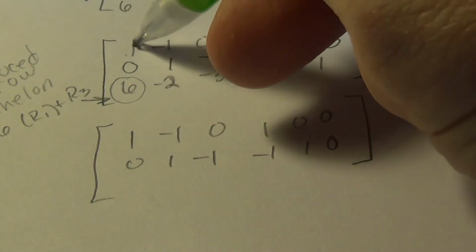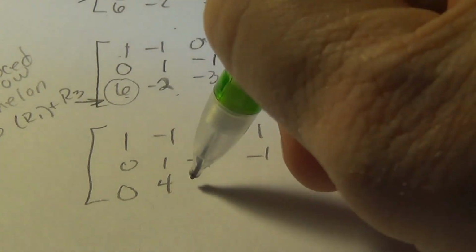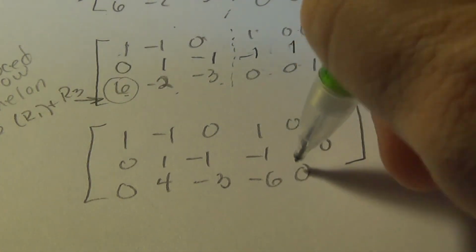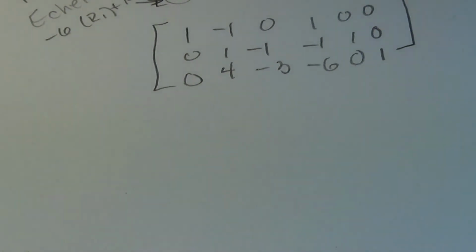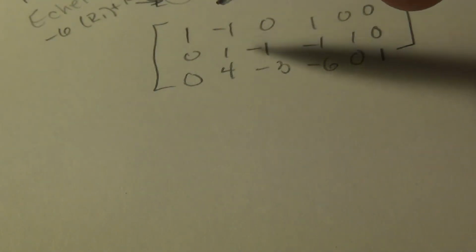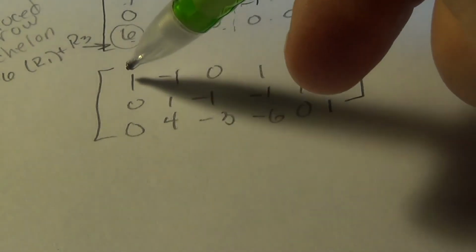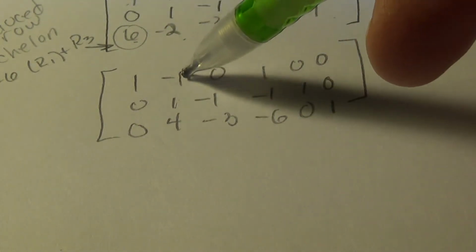And now negative 6 times this plus this, negative 6 times 0 plus 0. Okay, so on the next step, trying to get to reduced row echelon, I want this row, this starts with 1, I want this to be a 1, it already is. So now I have to adjust above and below.